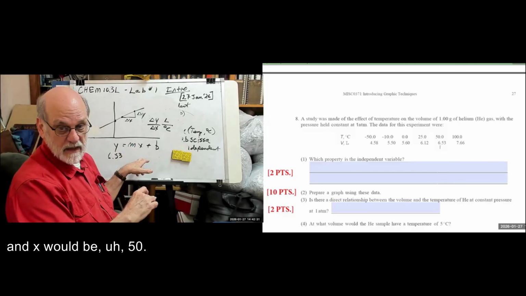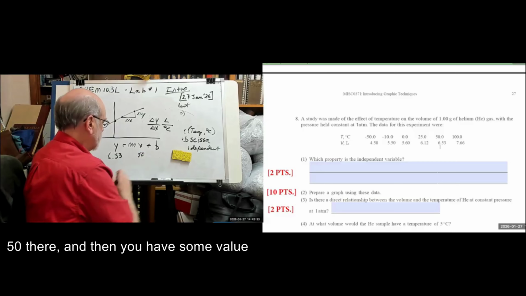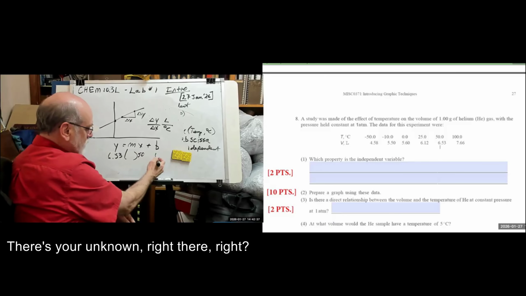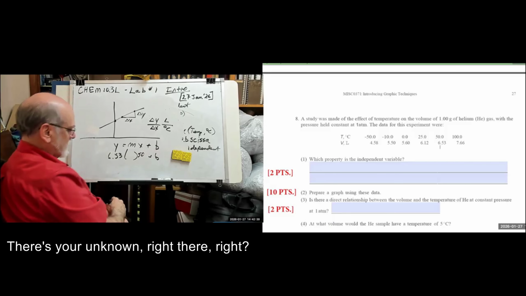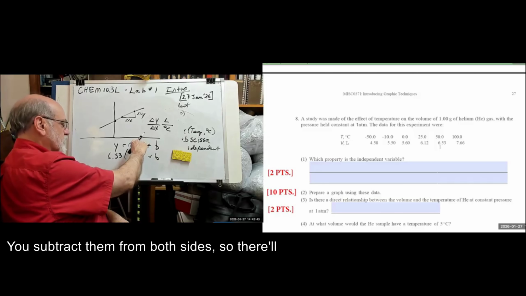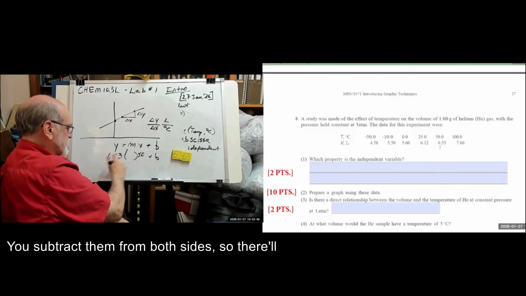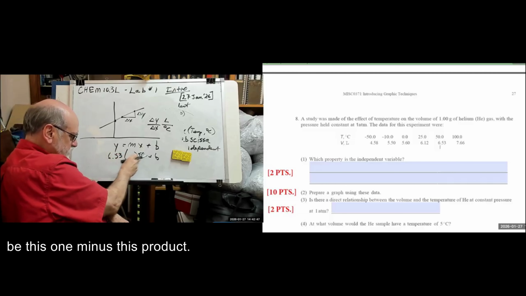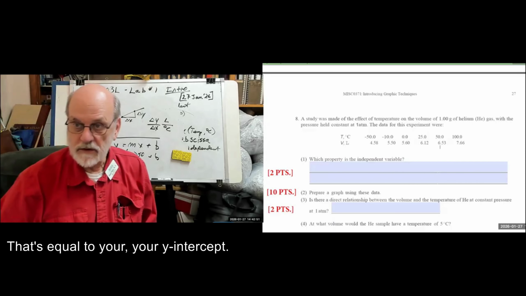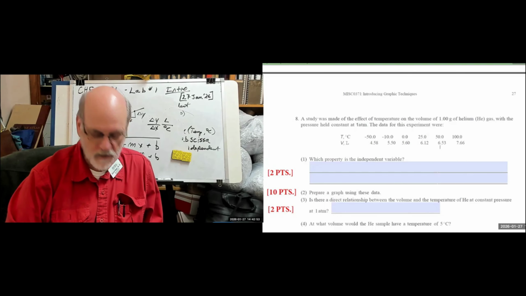And X would be 50, 50 there. And then you have some value here, right? There's your unknown right there. All right. So you multiply the slope and x together, you subtract them from both sides. So there would be this one minus this product. That's equal to your y-intercept.